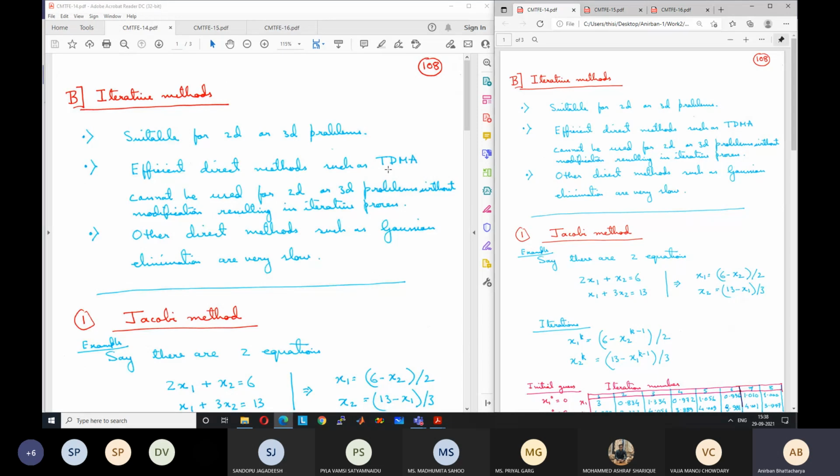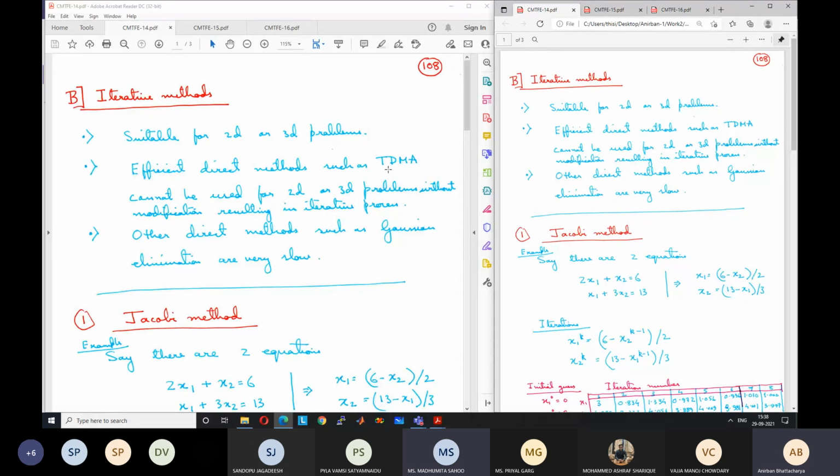I'm just revising so that we can speed up the discussion. What is the reason that we cannot use TDMA for 2D or 3D problems? Sir, it is going to be a pentadiagonal and more of that kind of matrix.